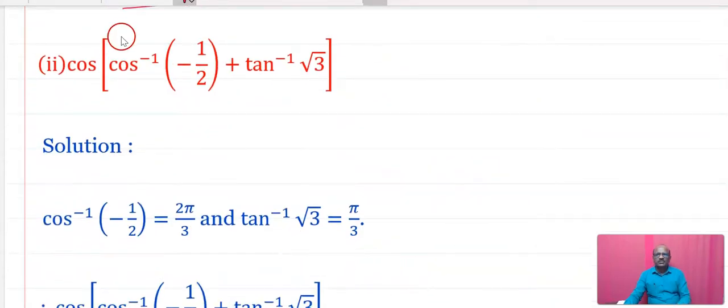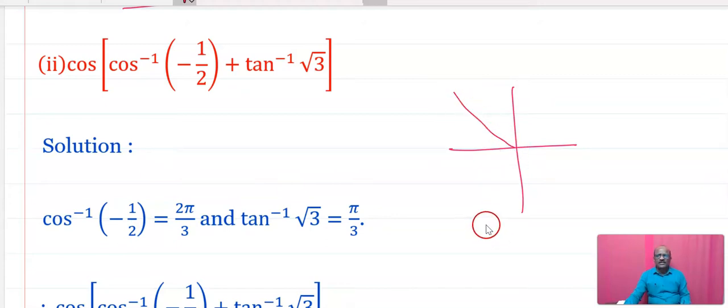Okay. Next problem. Cos inverse of minus 1 upon 2 plus tan inverse of root 3. Now, cos inverse of minus 1 upon 2: cos is negative in the second quadrant and its value is 2 pi by 3. Tan inverse of root 3 is in the first quadrant, and tan inverse of root 3 is pi by 3.